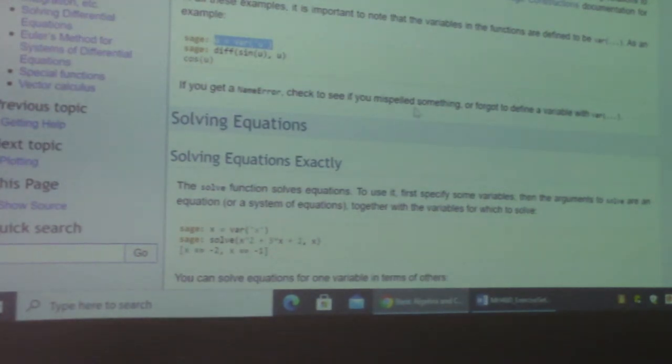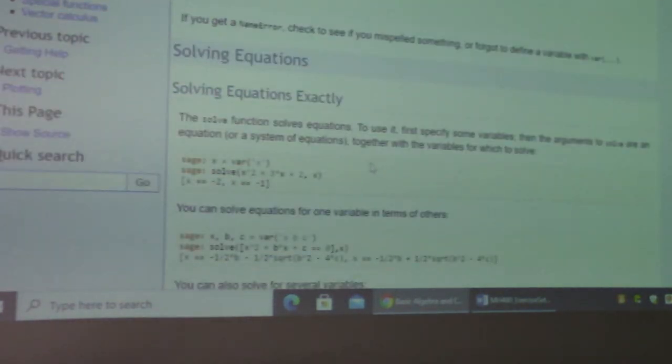Okay. What's next up? So we can take derivatives. Can we solve equations? It says let x be the variable x, and then you can solve that quadratic. Let's try it out.